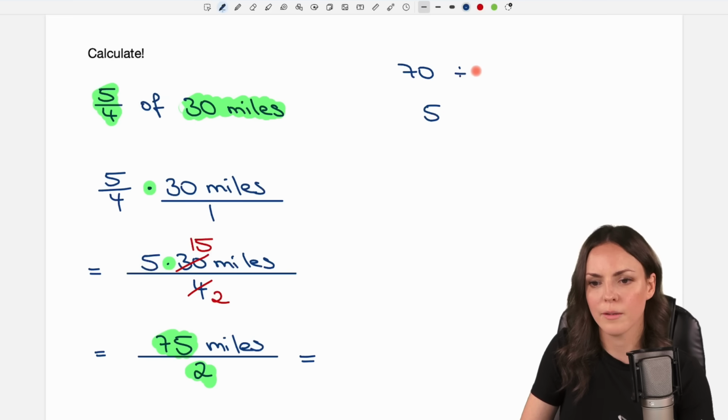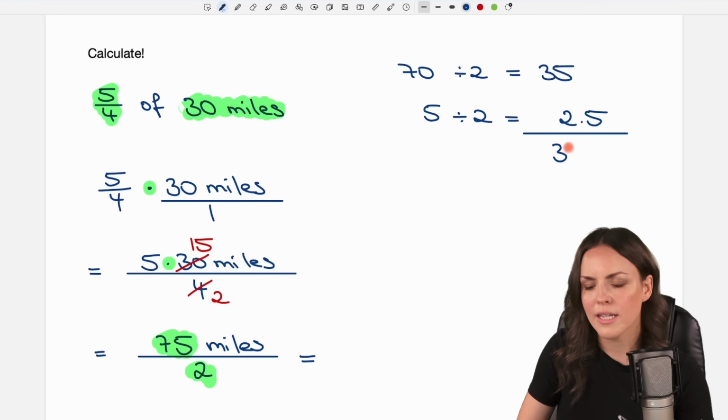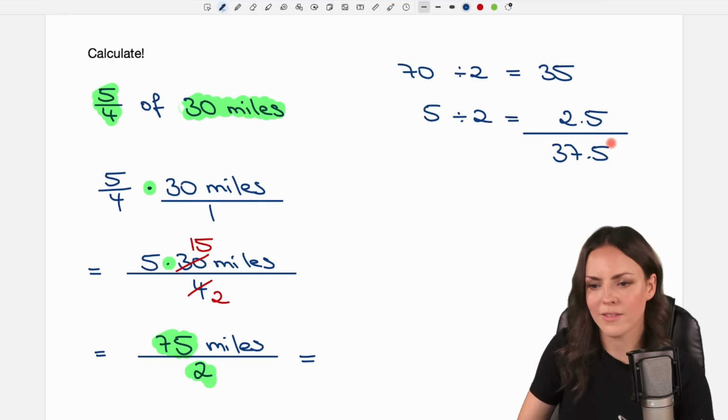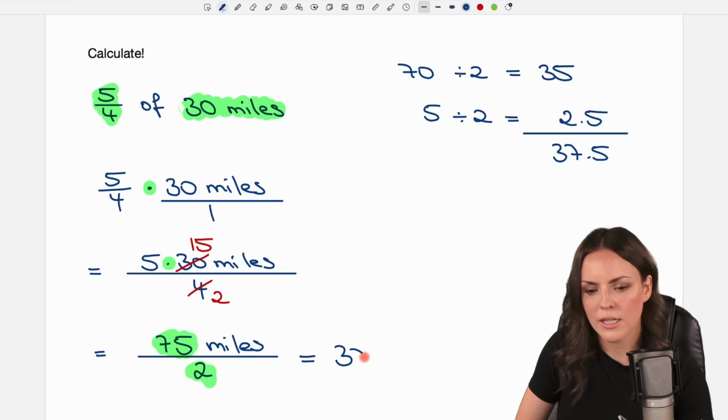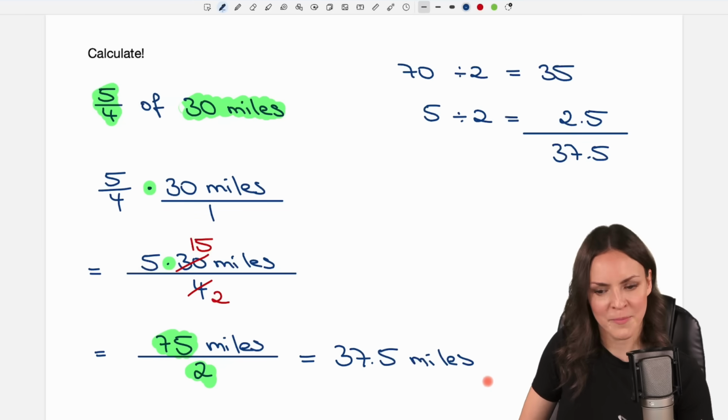So we have a divided by 2 here and a divided by 2 here. 70/2 equals 35, and 5 over 2 equals 2.5, and in total we have 37.5 then. So 37.5 miles. Don't forget the units if you have any.